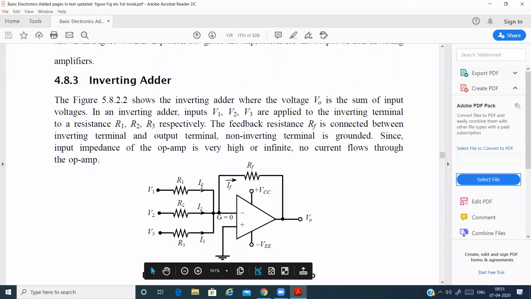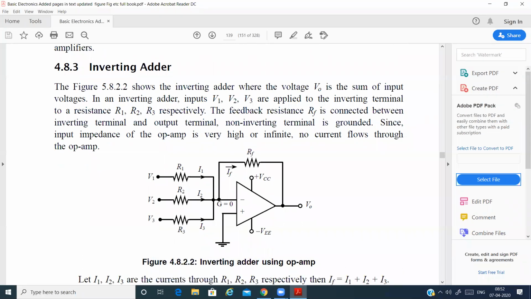The other is taking these multiple inputs to the positive or non-inverting terminal and doing the same task. But adding n number of inputs at the negative terminal is easier compared to adding n number of inputs at the positive terminal, with respect to the mathematical analysis. In analysis, the inverting adder is easy compared to the non-inverting adder. Why it is complex, we'll discuss when the concepts come.